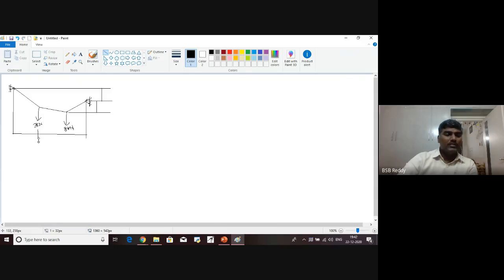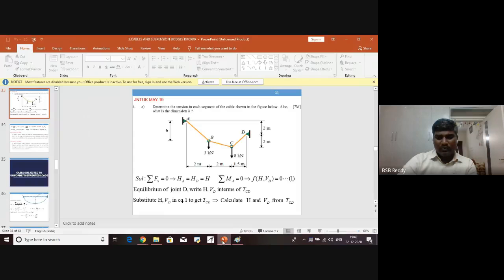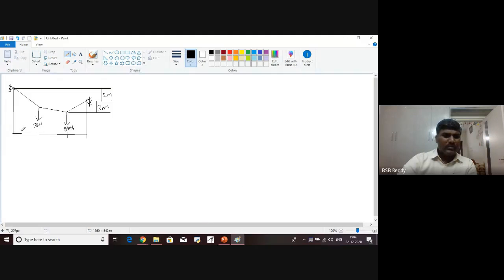Now I'm making just a rough diagram so that I don't take much time. This is 2 meters, 2 meters. Then the other geometry: 2, 2 and 1.5. So this is 2 meters, 2 meters, 1.5 meters.